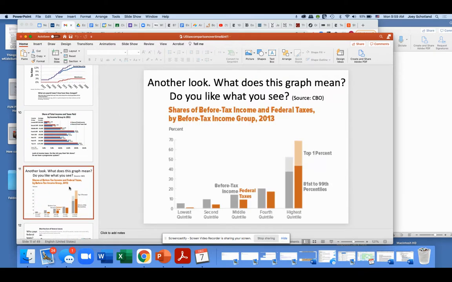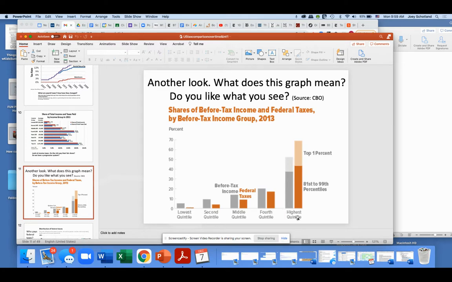Here's another look, okay? The gray is going to show you the before tax income, and the orange shows you their share of federal taxes. So here you see the poorest quintile, that is the poorest fifth. They don't earn 20% of the nation's money, they earn much less than that, and they pay very little taxes.